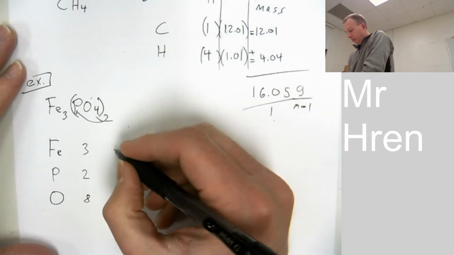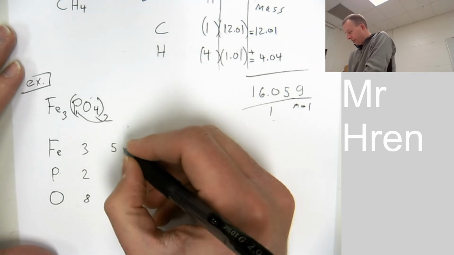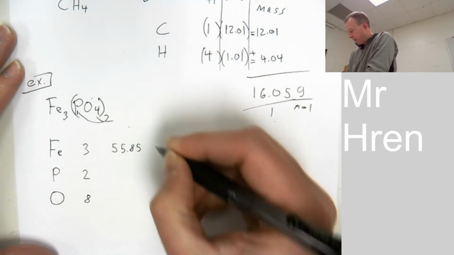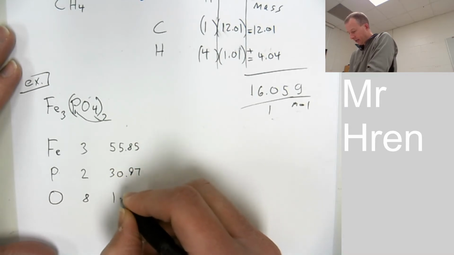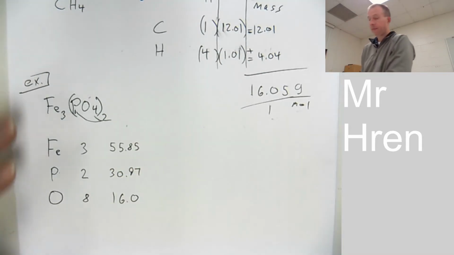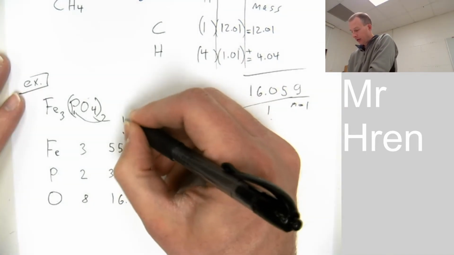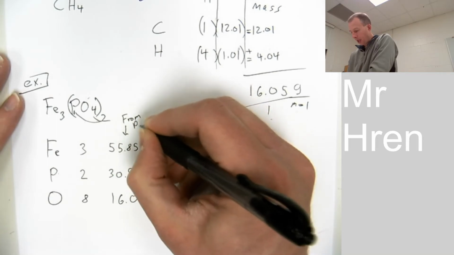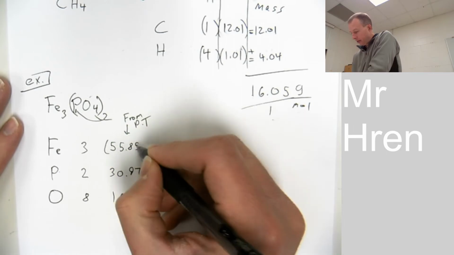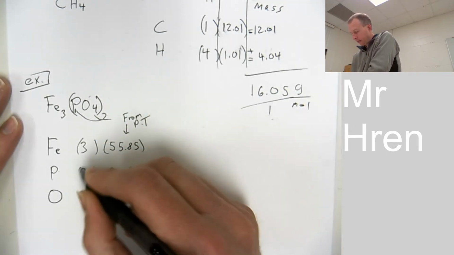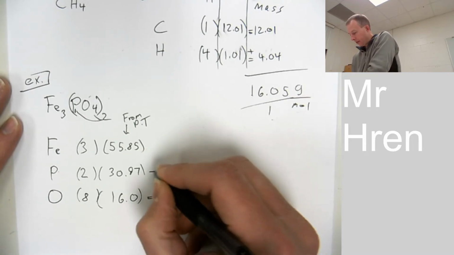So then you're going to look up the masses on the periodic table. So iron is 55.85. Phosphorus is 30.97, and oxygen is 16.0. All right, so these numbers are from the periodic table. So then you're going to multiply these all together and get your answer.